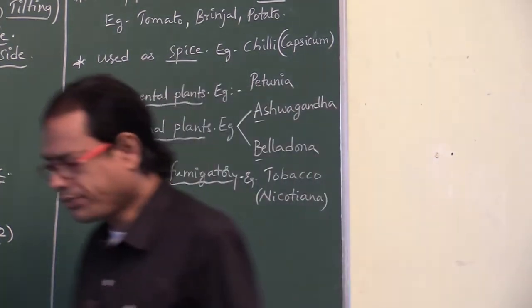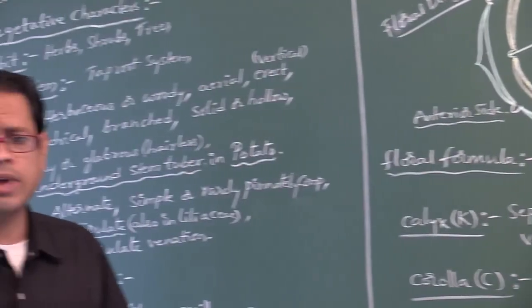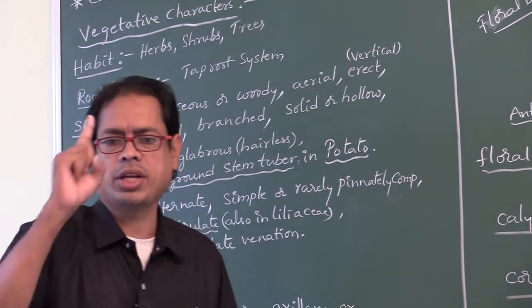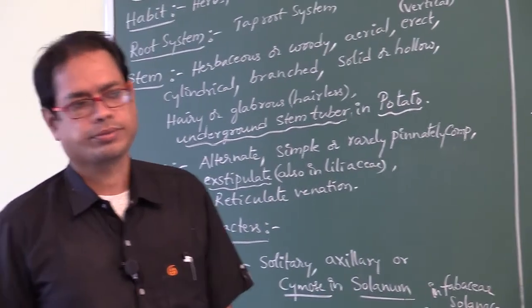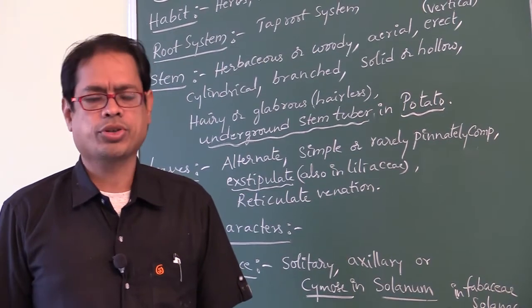Right. What are the few points related to the Solanaceae family? Does Solanaceae belong to a dicot or monocot family? Dicot family. Both Fabaceae and Solanaceae are dicot families, commonly called the potato family. Next, root system: dicot means taproot system.